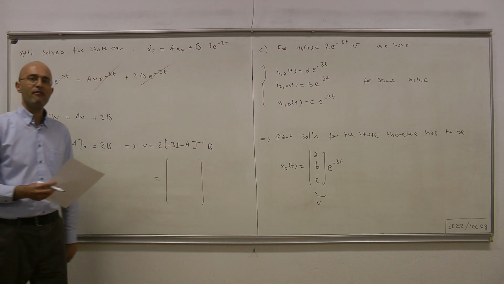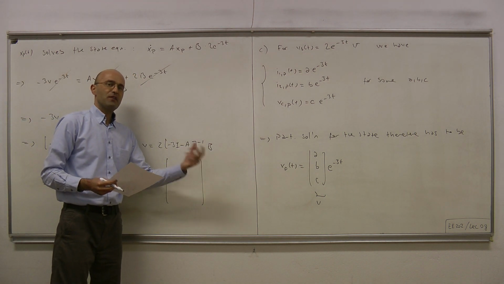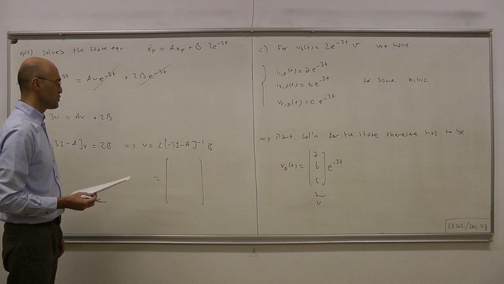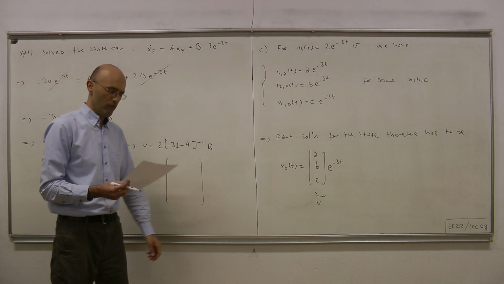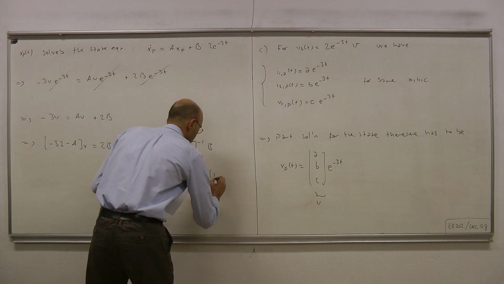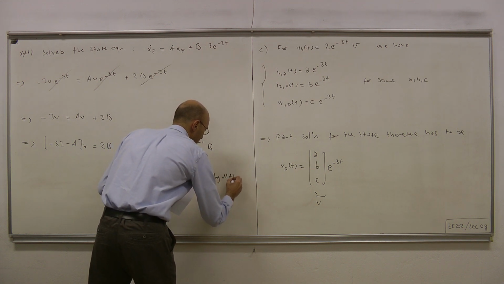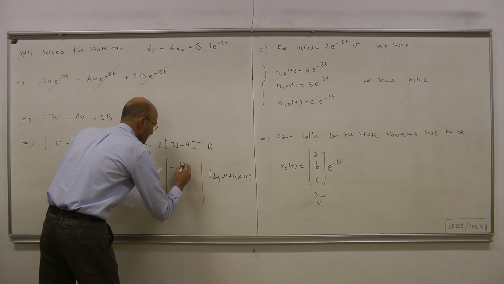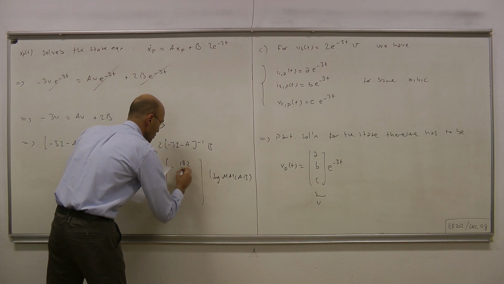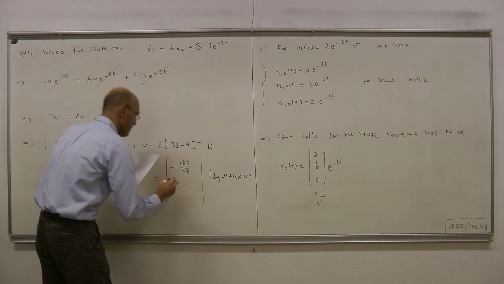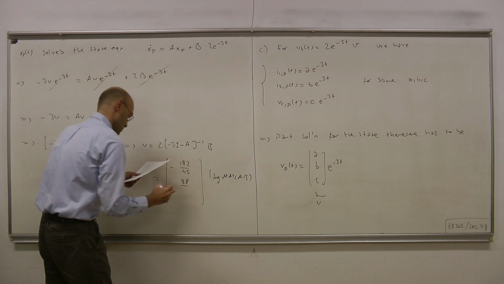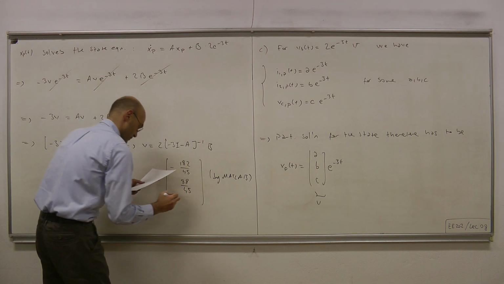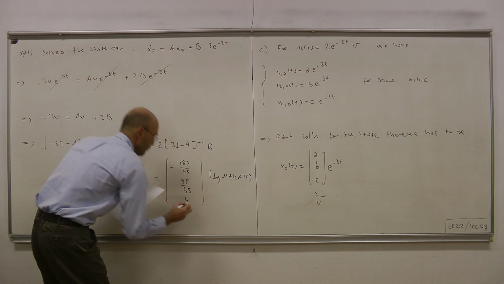once you have the matrix representation, you can use software very conveniently, and by, for instance, MATLAB, one can obtain the following values: minus 182 over 45, 88 over 45, and we have 4 over 3.